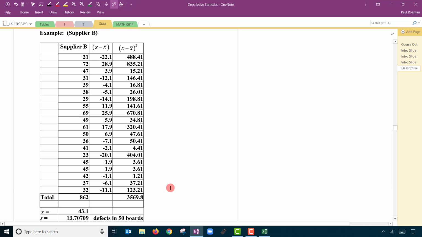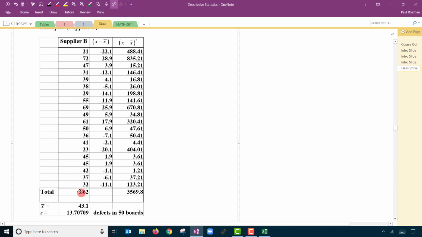I calculated the mean first. So first I found the sum, and then I calculated the mean from that. Actually, I probably just used the mean formula, which was average.